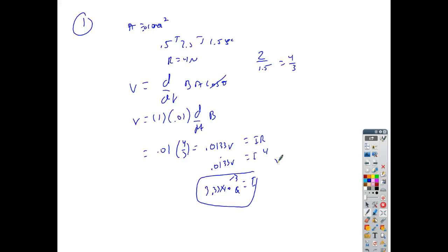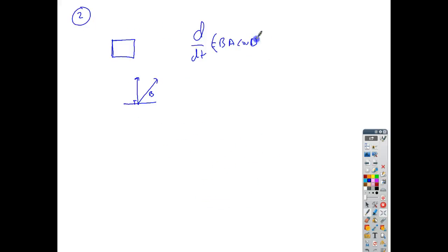Voltage. So this time it's going to be cosine of 30 degrees, because it's off normal. Area they didn't give us, we don't know. The magnetic field is going from 200 times 10 to the negative 6 to 600 times 10 to the negative 6 in 0.4 seconds.